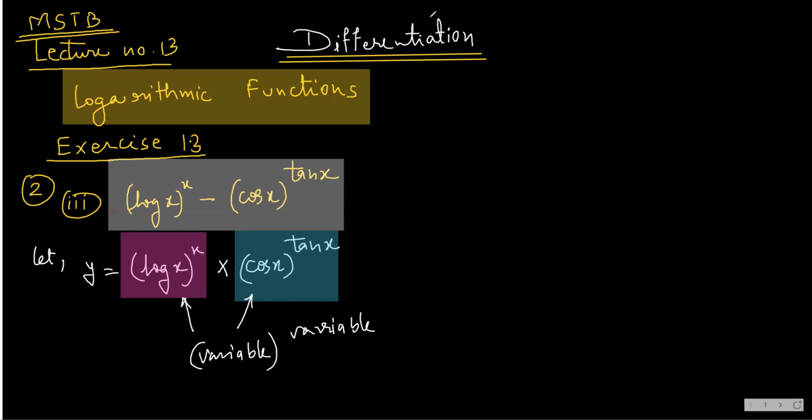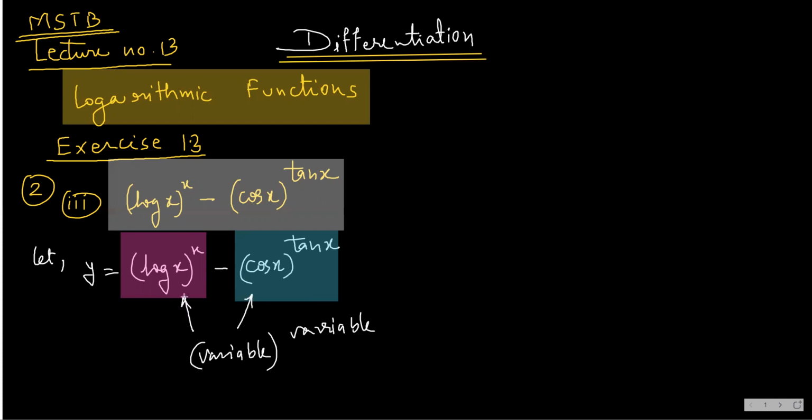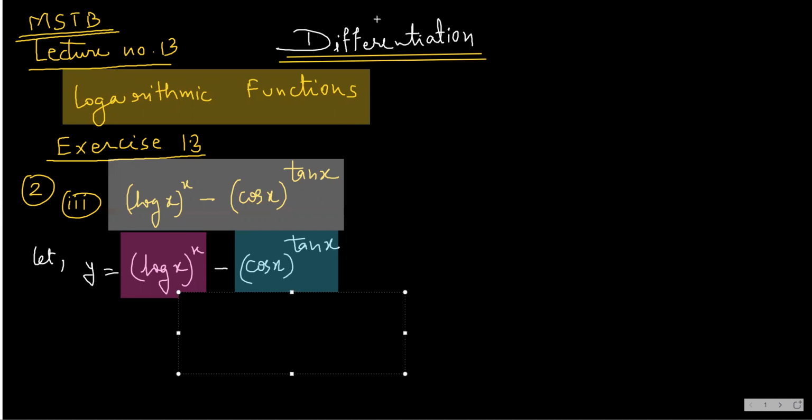But here I have got a negative sign. Now because I have a negative sign here, I'll be going for a totally different way of differentiation. What do I mean by all this? You will know when I actually start solving it.